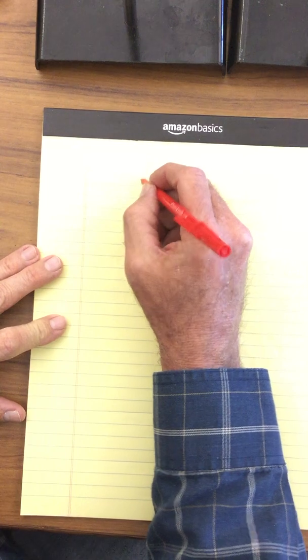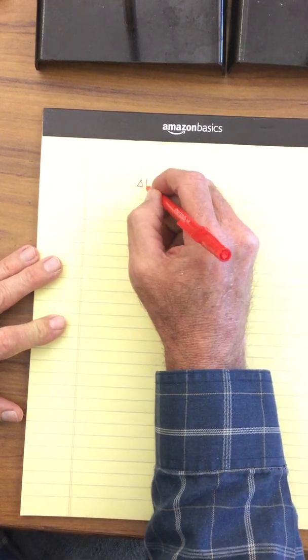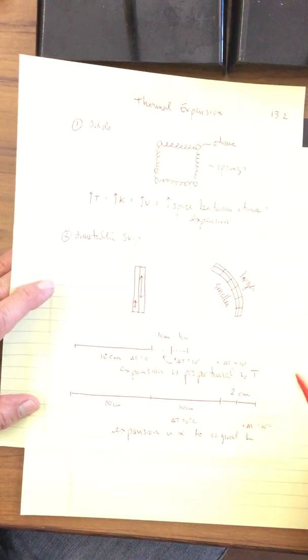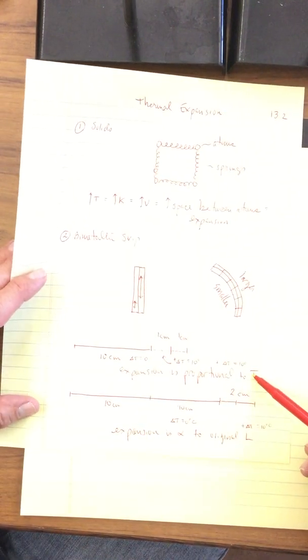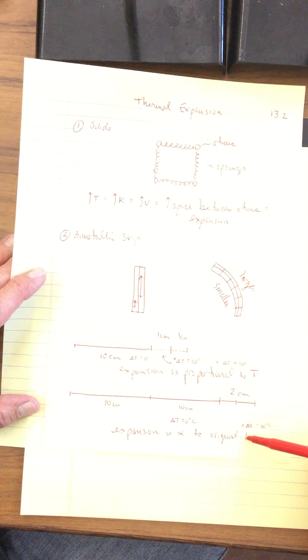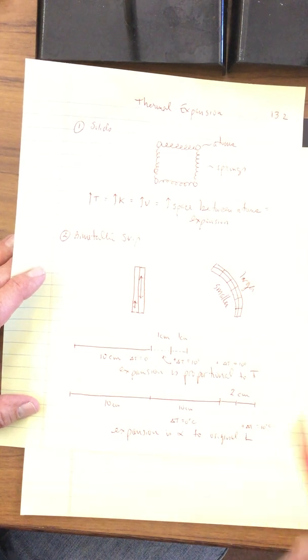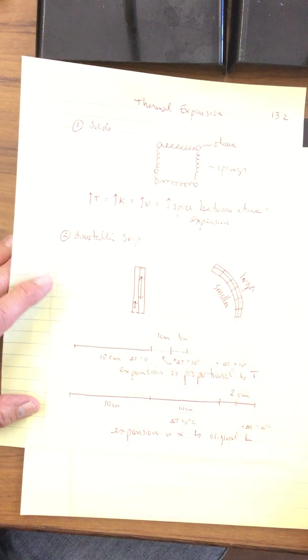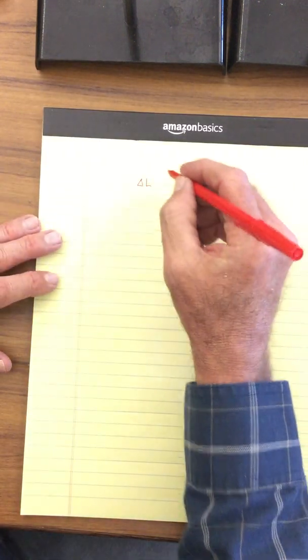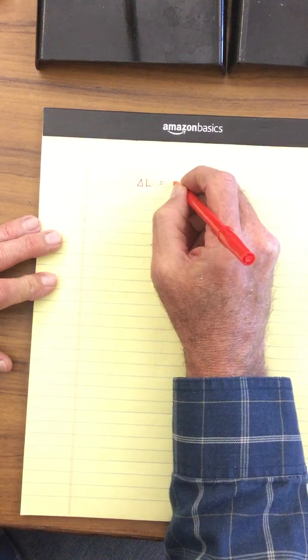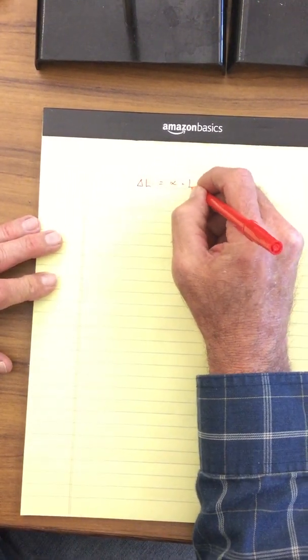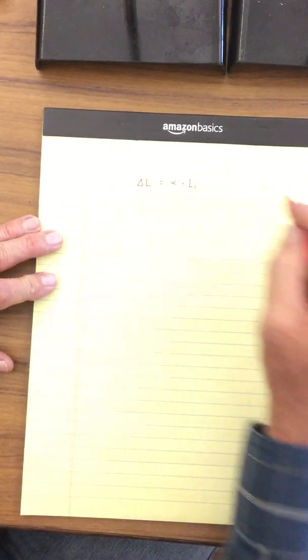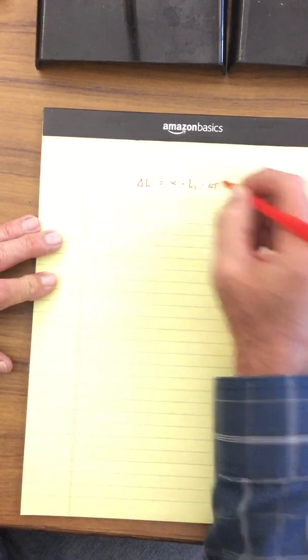The change of length is dependent upon a couple of factors. We talked about one of the factors being the change in temperature, and the original length, but the third factor is related to the material. So the change of length is going to be equal to the coefficient alpha, we'll get to that in just a minute, times the initial length, my L1, times the change in temperature.